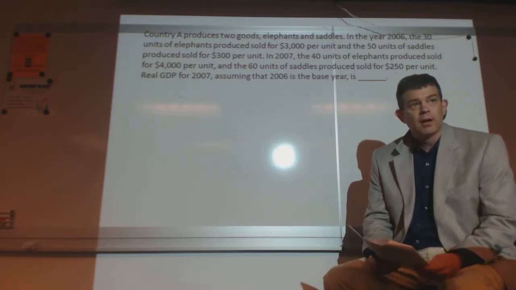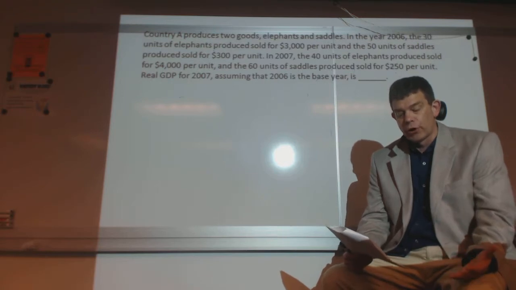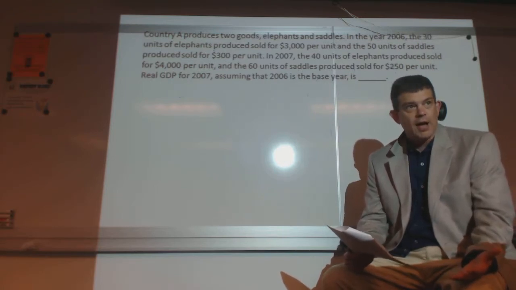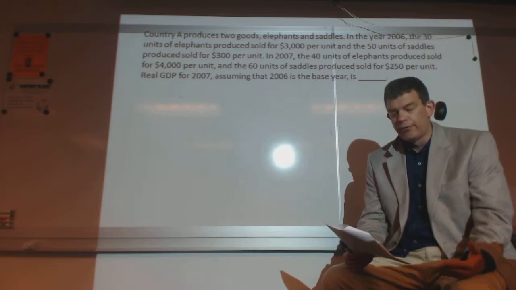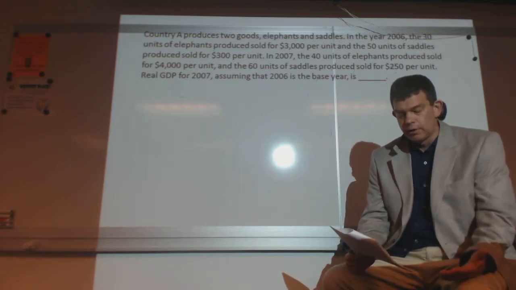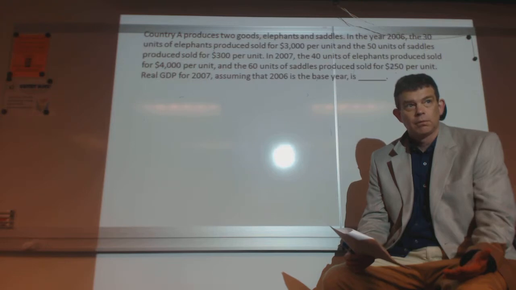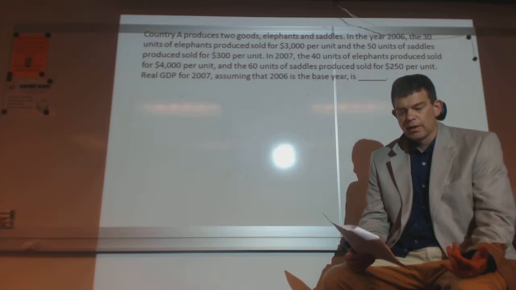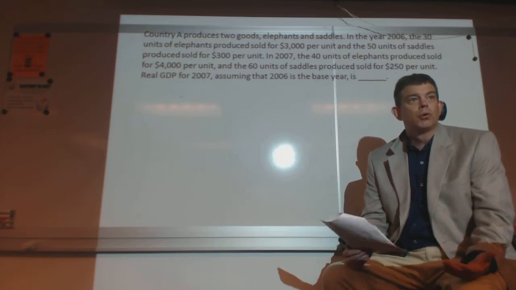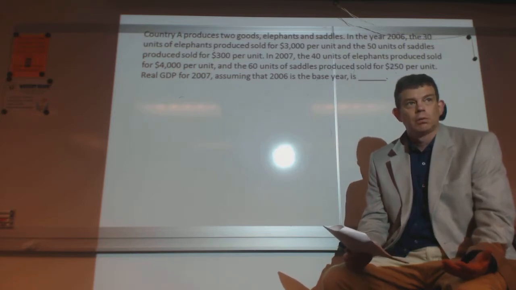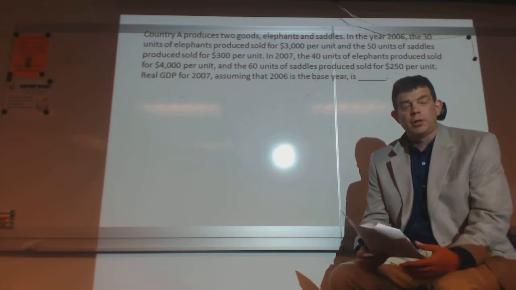We will simply take product one, which is elephants, 30 times 3,000, which is what? 90,000, right? And then 50 times 300, which is what? 15,000, right? So what is nominal GDP in this year? Is it 24,000?